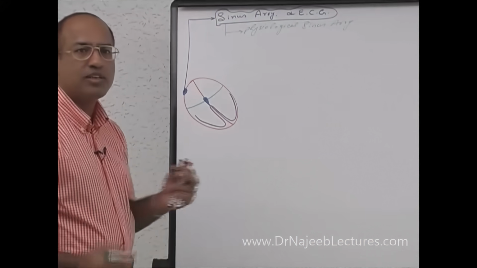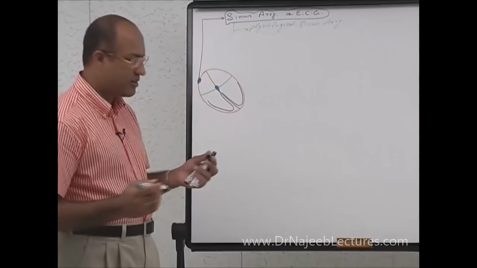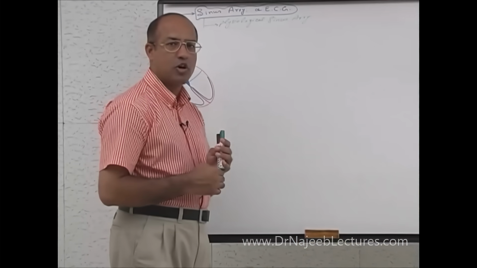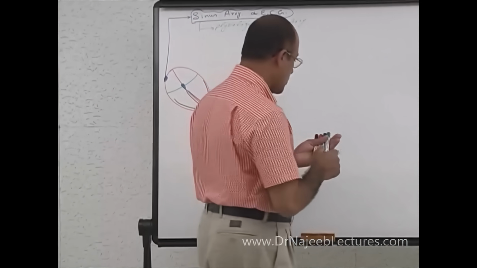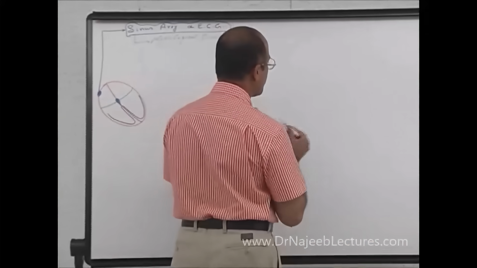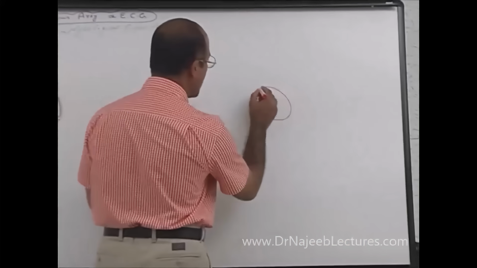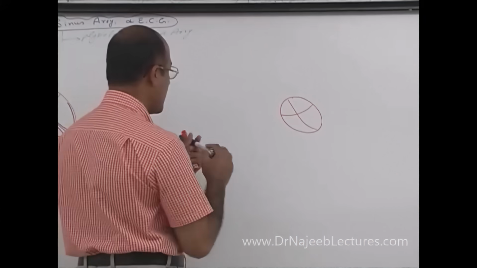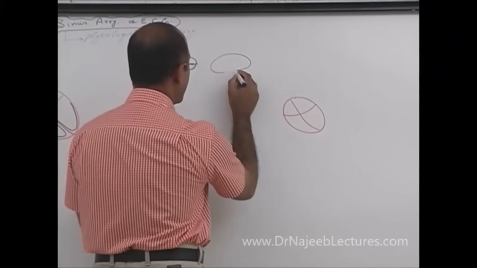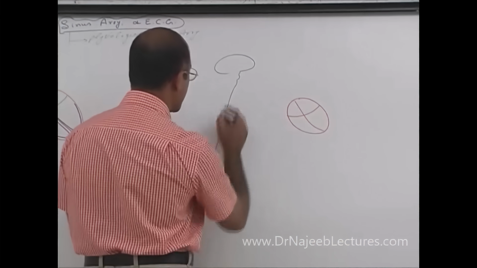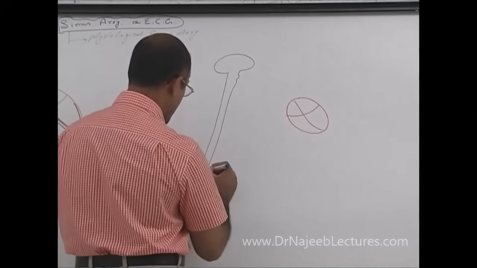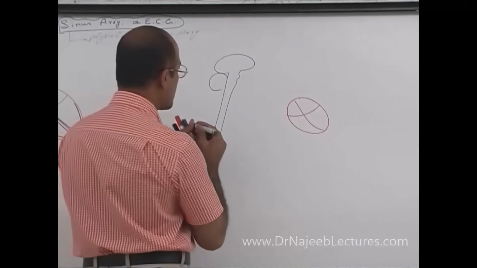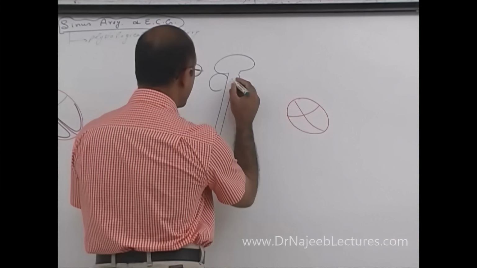Physiological sinus arrhythmia is a normal phenomenon which happens in all people with a normal heart and normal neurological connections. As you know, the heart is under the influence of the autonomic nervous system, and one of the major parasympathetic outflows, which is called the vagus, controls the automaticity of the SA node.